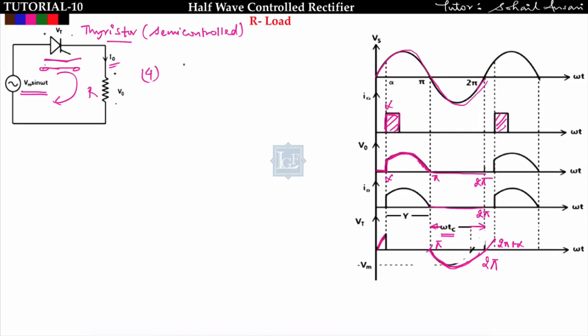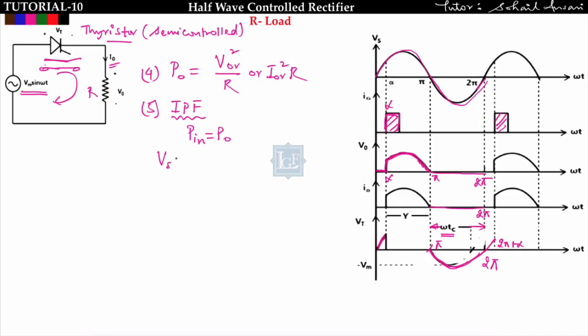Fourth point is you have to find the output power. Since it is a voltage stiff type of load, the output power for R load is nothing but the output RMS voltage square by R, or you can see that I naught RMS square into R. Now the fifth point is input power factor. For finding the input power factor, I told you that you put P in equal to P out.